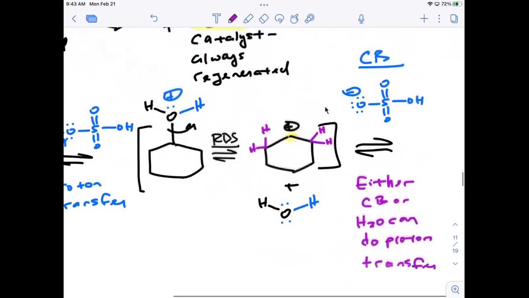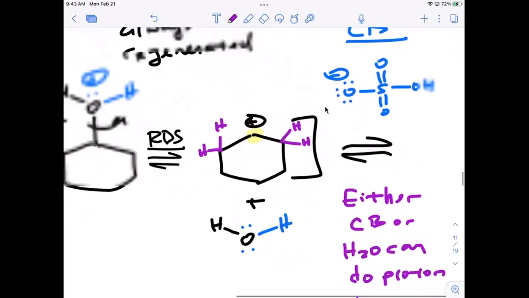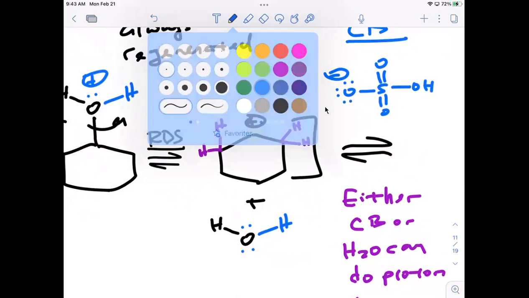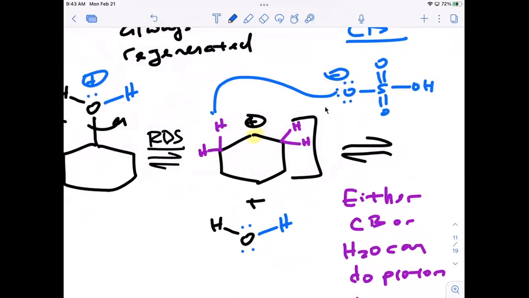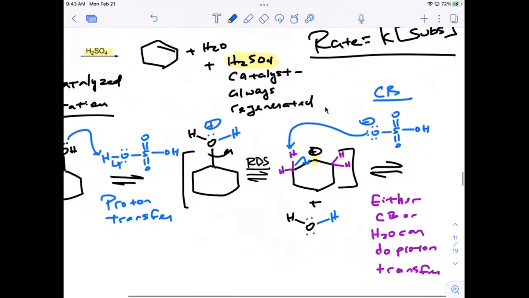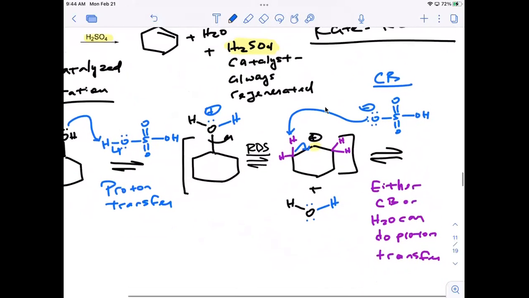Because if you use water, you're going to get H3O plus, and then you're going to have to show the proton transfer between that and the conjugate base. So it's more simplified just to use the conjugate base. So let's just do this and this. Right, so that's going to give us, I have to shrink that. That's going to give us the elimination product.